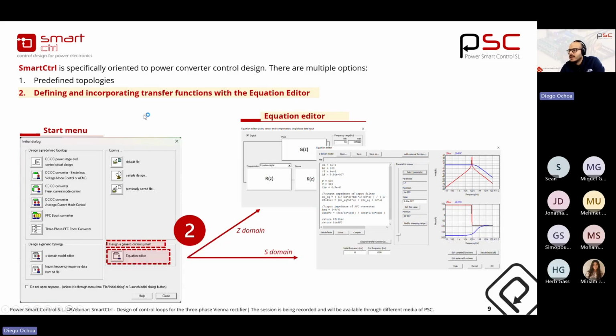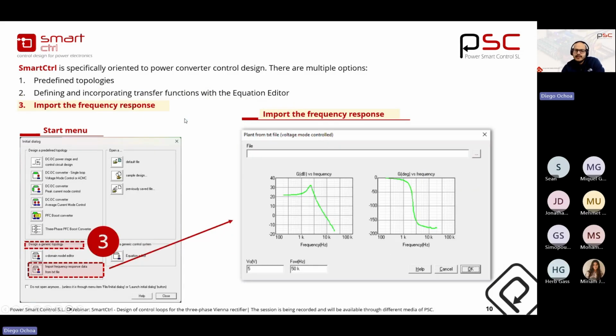The third way to define the converter plant is called import frequency response data from a txt file. It's in this option. For example, if you already have a schematic or a simulation, for example from PSIM, you can use the function called AC sweep to get the frequency response of the converter plant.